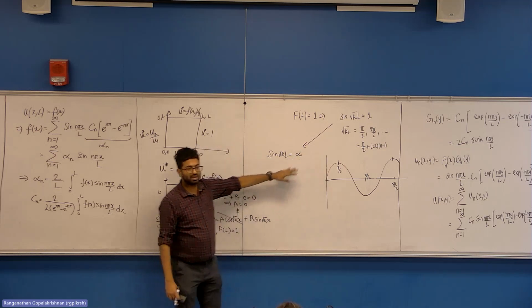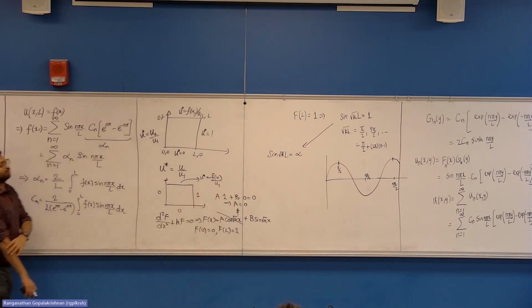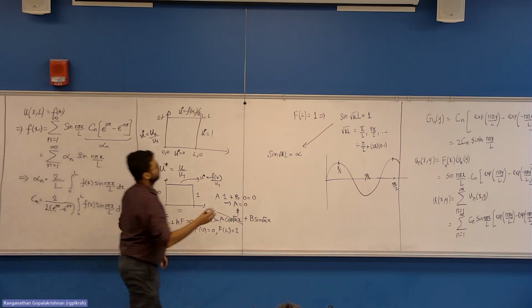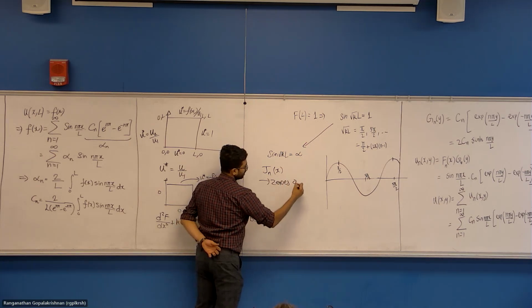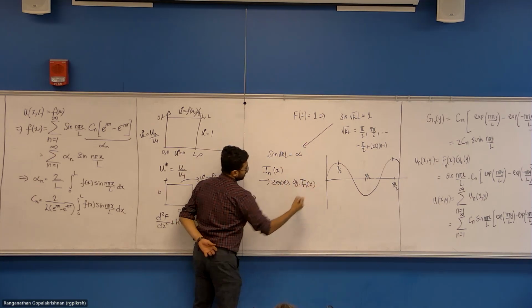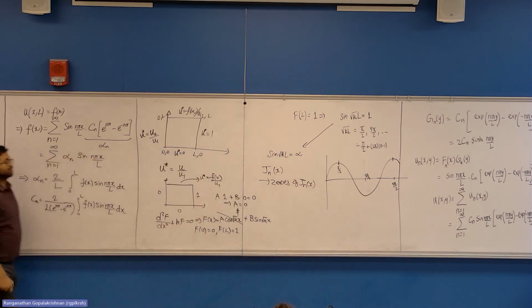So not everything is straightforward. In fact, one exercise that you can try at home is to take the Bessel functions Jn of x, try to get the zeros or the roots of the Bessel function. We'll soon need it when we do the cylindrical equation.